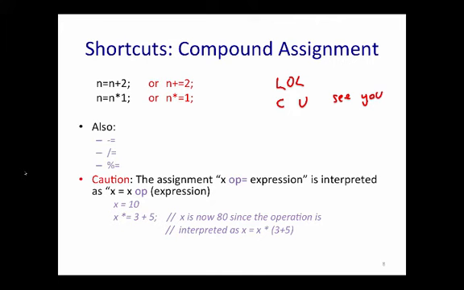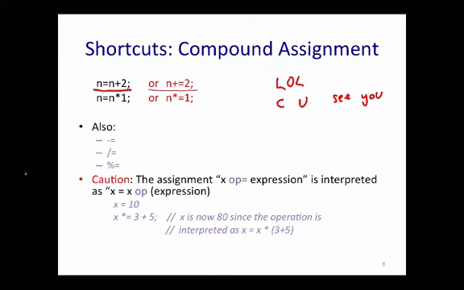Well, just like you use some shorthand notation in texting, there's also shorthand notation for C++. So if we want to add a number to a variable and assign that value back into the variable, we could write it like this, n equals n plus 2.